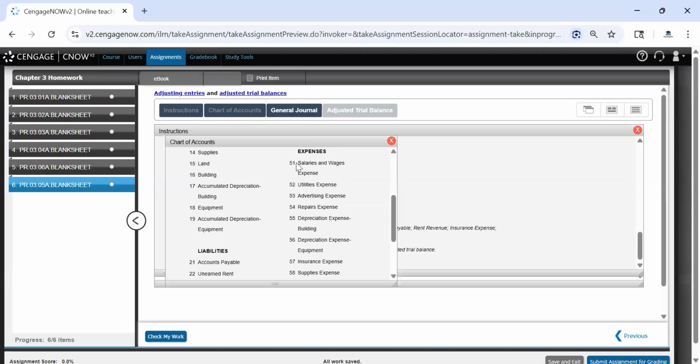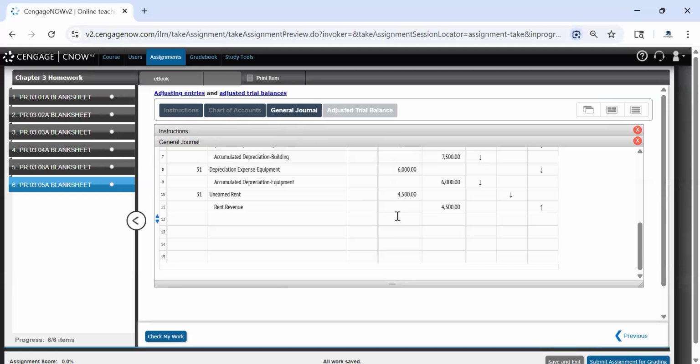I would think salaries payable, but in expenses on our chart of accounts, it's salaries and wages expense, and we have to abide by the chart of accounts of the business. So salaries and wages expense and salaries and wages payable for the full amount of 2,175. It's both our debit and our credit.